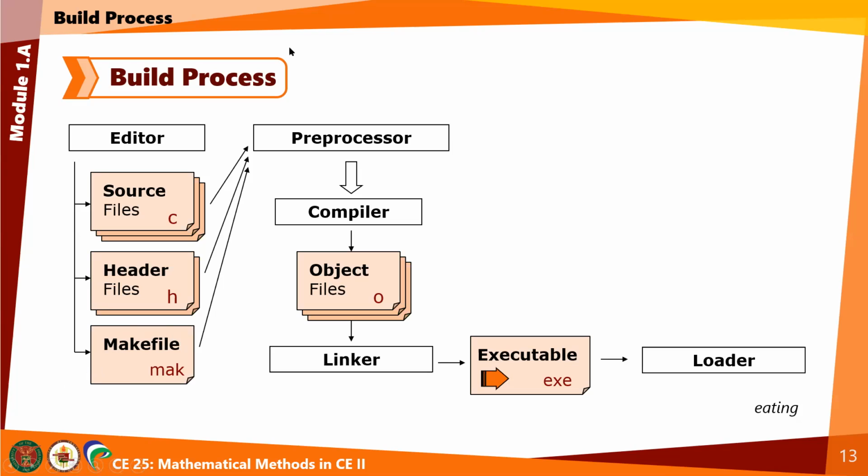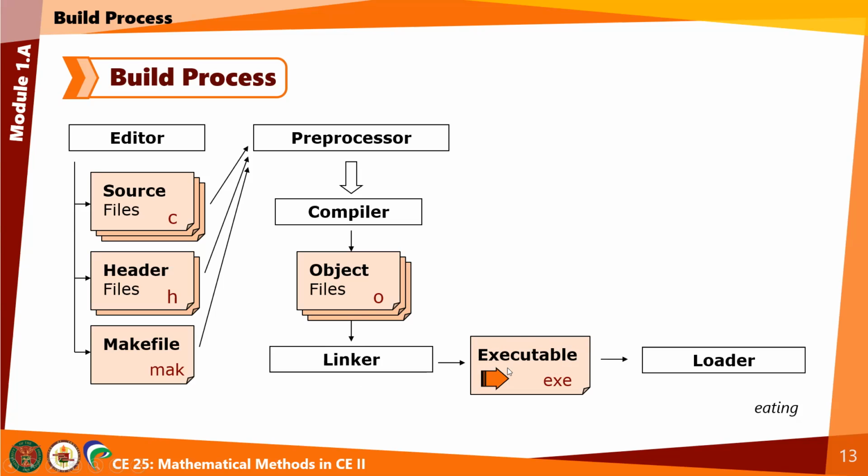Ayan, so we go to the preprocessor. So all of these things will go to the preprocessor. Yeah, and then it will go to a compiler and make object files .o. And then it will link something. Ayan. It will link a library. It will link into libraries and make an executable file.